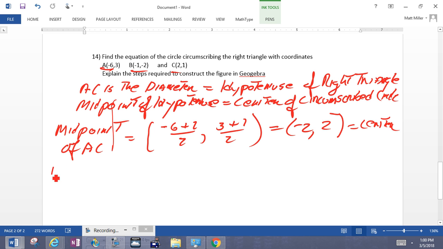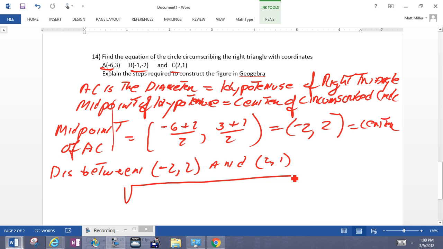So now the distance. I want to take the distance from that point I just found, because that's the center, negative 2, 2, and actually I'd go to either A, B, C, or D, so I'm just going to pick this 2, 1. Then that's our distance formula.